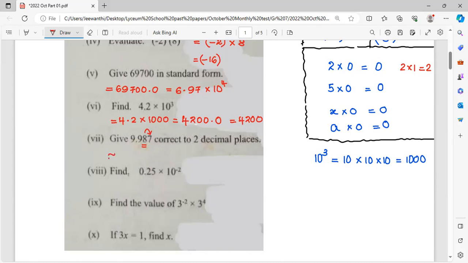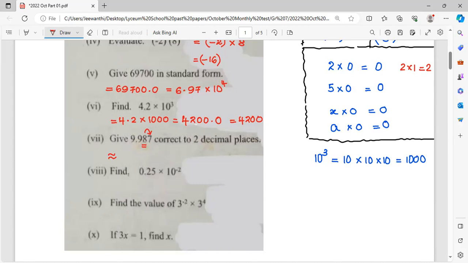Here I'm not using the equal sign, children, because this value which I'm trying to write now is not equal to 9.987. Instead, it is approximately equal. For that, I use this kind of wavy equal mark.